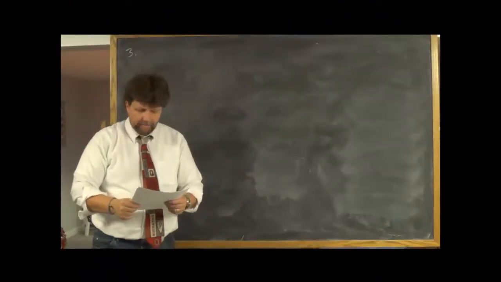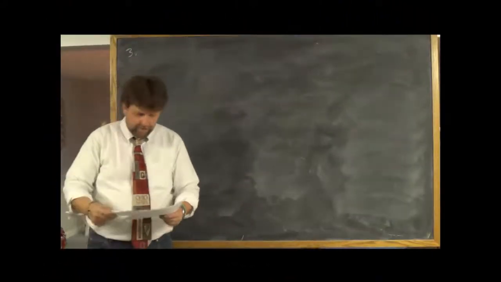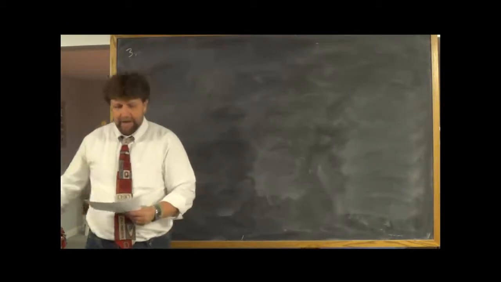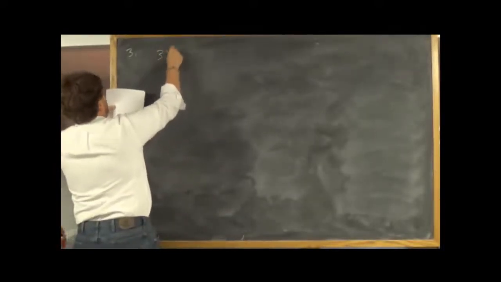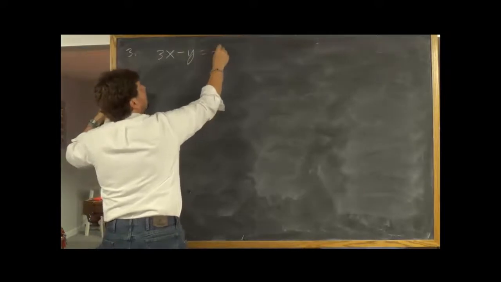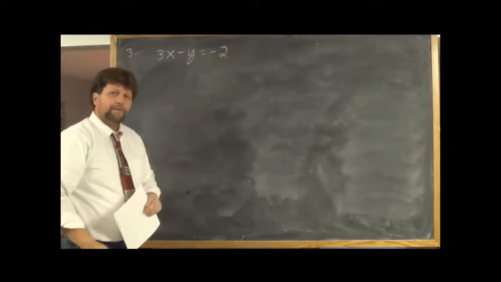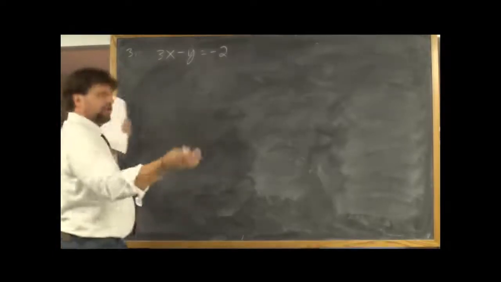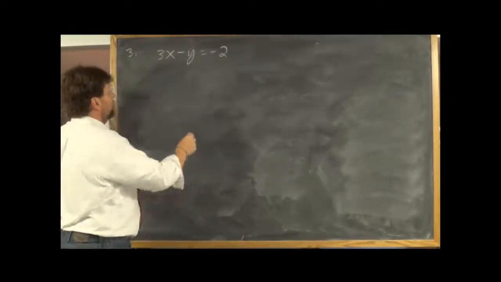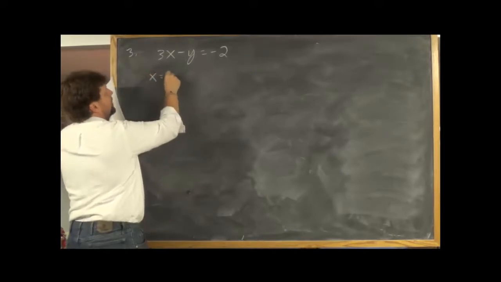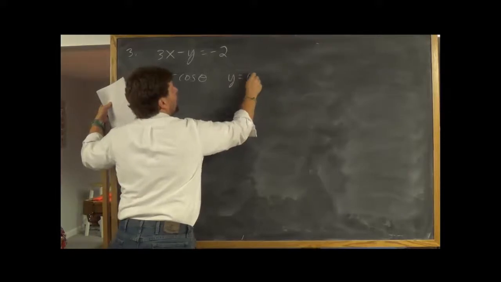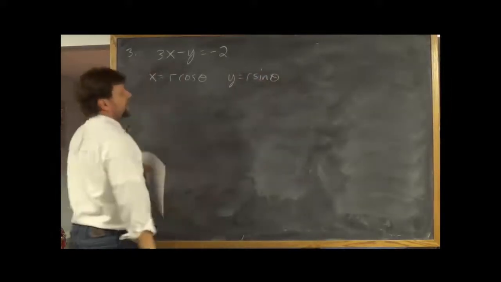All right, hey, here in number 3, you were asked to convert a rectangular equation to a polar equation. And the rectangular equation was 3x minus y equals -2. Some conversions that you need to remember in the polar to rectangular world and vice versa: x equals r cosine theta and y equals r sine theta.